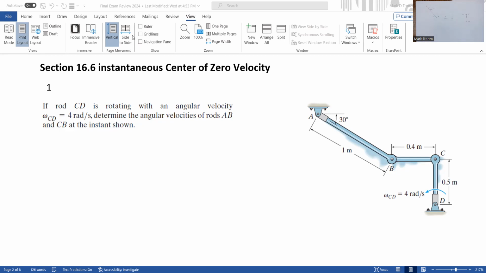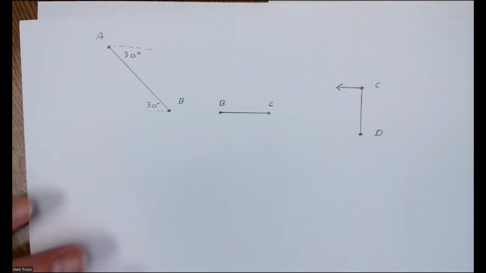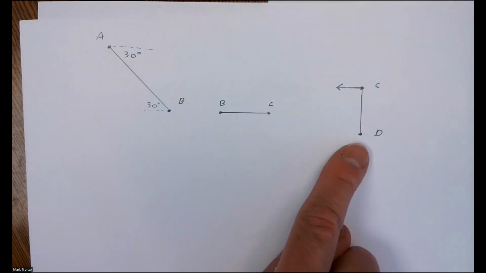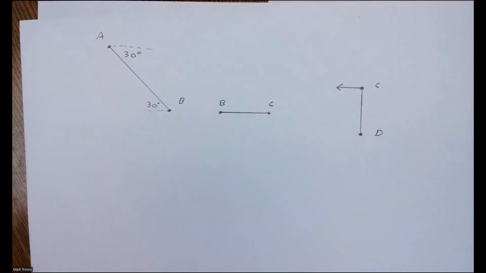So keep that in mind. Looking at a picture like this, this one is rotating about A, this one is rotating about D. Now, we don't know much information about AB. We do know that it's 1 meter long.